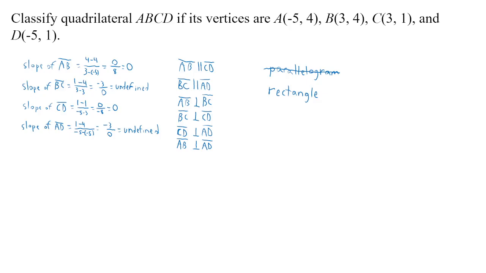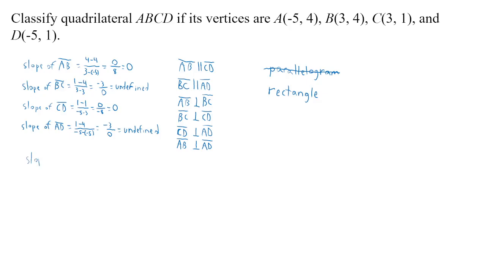But now the question is, do we have a rectangle or do we have a square? How could we tell that we have a square instead of a rectangle? Well, we know that the diagonals of a square are perpendicular. Therefore, we need to find the slopes of the diagonals.